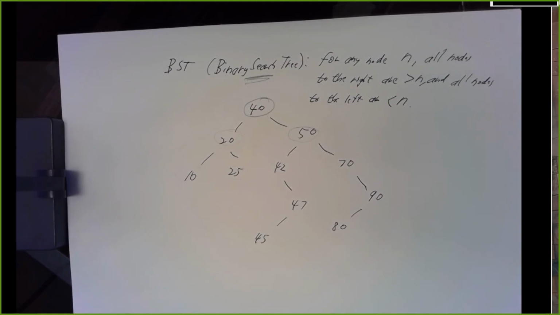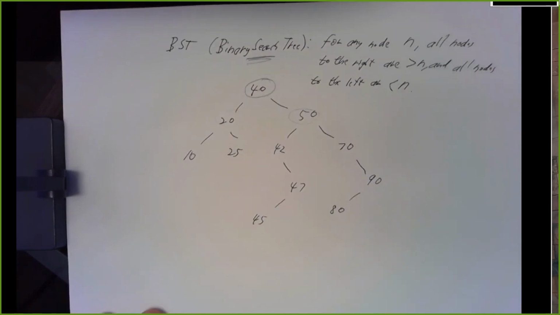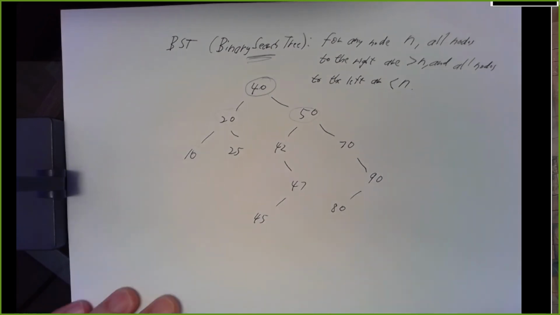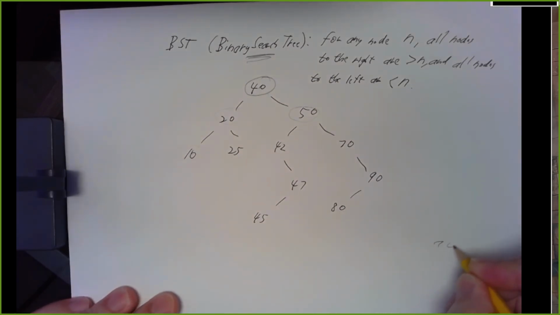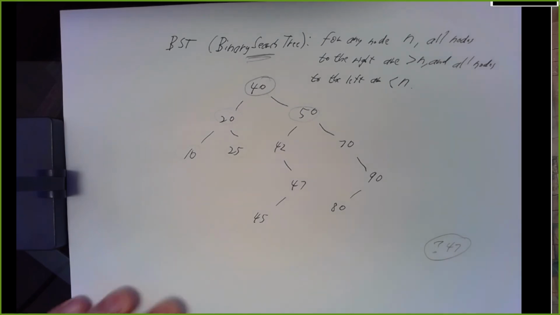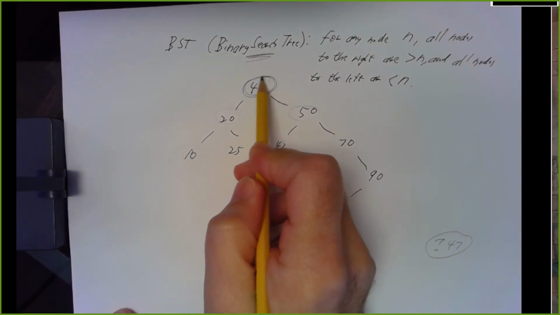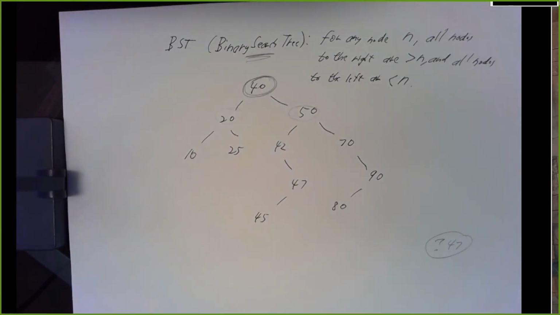Okay, and why do we care about binary search trees? Because suppose we want to look for something in this tree. Suppose I want to look for the number 47. The only thing we have that gets us to this tree is the root. Right, so that's the root of the tree.